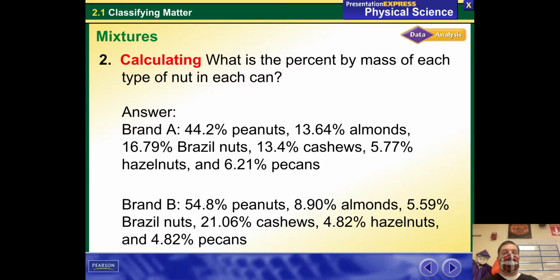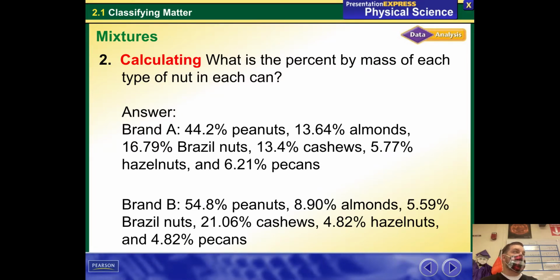That's what we're talking about. 13.64 are almonds. 16.79 are Brazilian nuts. 13.4 is cashew nuts. 5.7 is hazelnuts. And then 6.2% is the pecans. And as you look at the percentages for brand B, I'm not going to read them to you, but clearly they're different percentages.